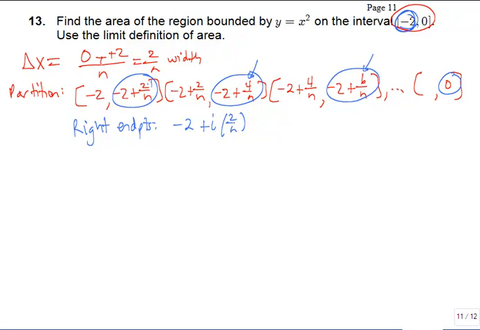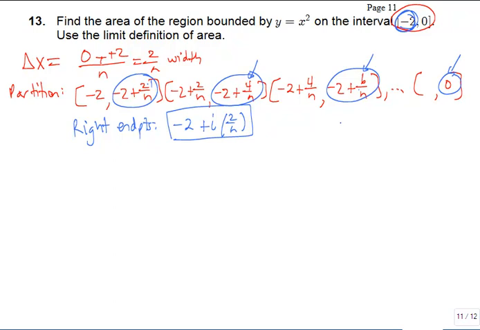So this formula generates each of these right endpoints as i varies from 1 all the way up to n. When i is n, the n's cancel, and negative 2 plus 2 will give me that 0. So I am getting each of these right endpoints when I use this particular formula.